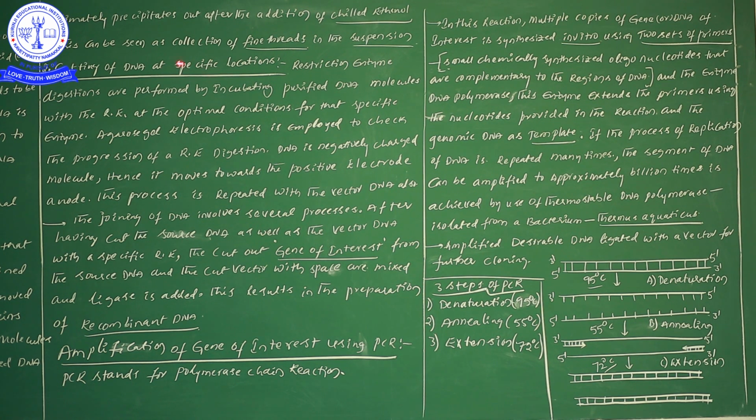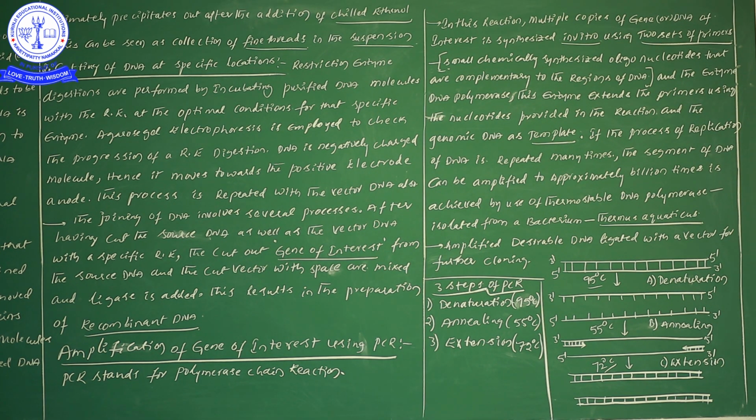Next, this DNA will appear as fine threads, thread-like structures seen in the entire precipitate. These fine threads can be separated by the spooling method. So in order to obtain DNA, the method we follow is the spooling method. Likewise we can obtain pure DNA as fine threads.